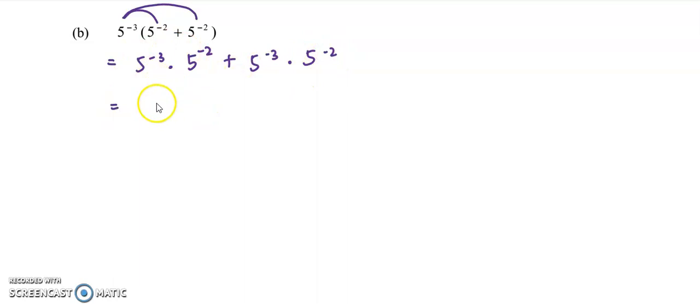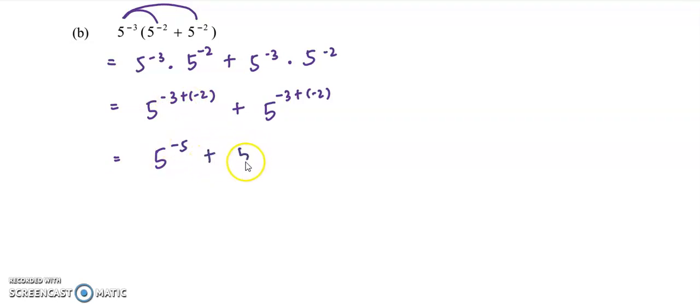Try to simplify the first term by using the rules of indices. You have -3 plus -2. And for the second term, the power -3 plus -2. Alright, so simplify the power. You have -5 for the first term, and for the second term you get -5.